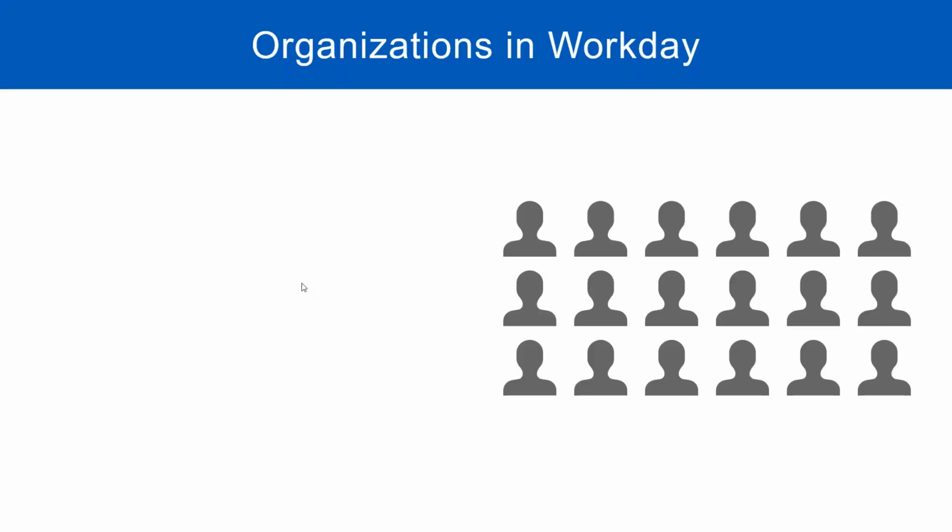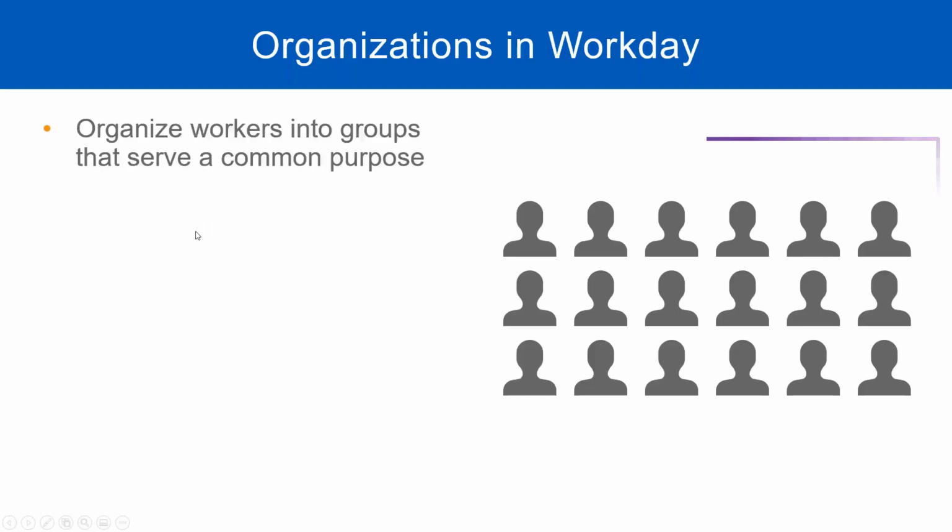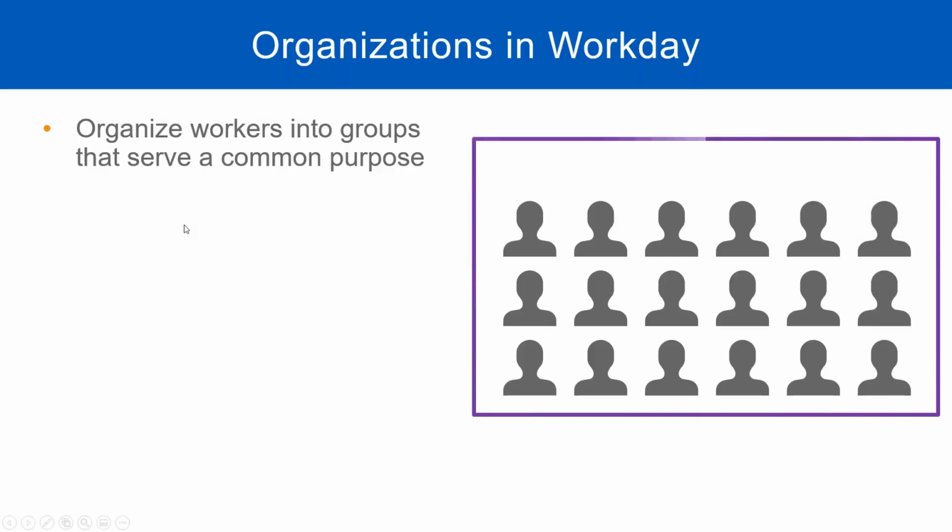Of course the purpose, okay, the gathering, right. I'm getting different words. Very, very interesting perspectives. But yes, it is a group of people with a common purpose. Yes, Prasi. Thank you for the word. It organizes workers into groups that serve a common purpose.